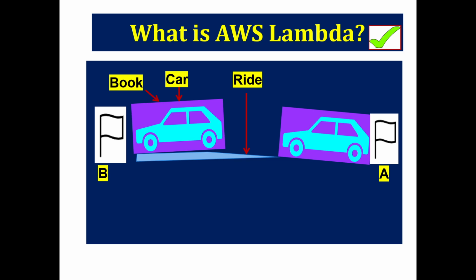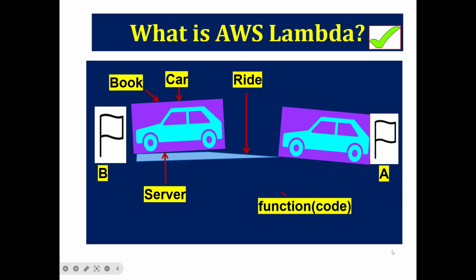Now in the same way, when we need to run a piece of code or a function occasionally in AWS, we don't need to buy or maintain a server. Like buying a car, we don't need to buy a server. AWS provides a server and infrastructure for us, and your function is the ride.